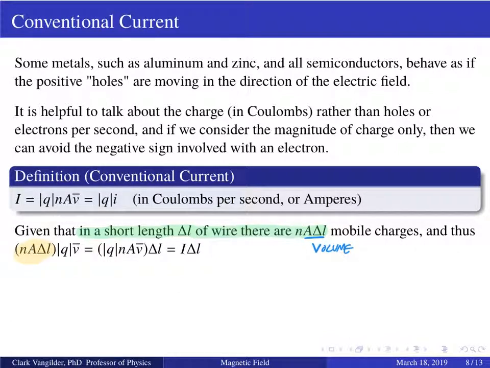And you end up taking your N A delta L, when you rearrange all these things, you can take the thing that's called I, and it's just an equivalence here.